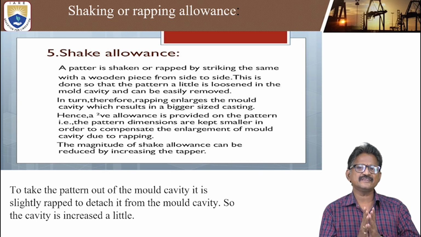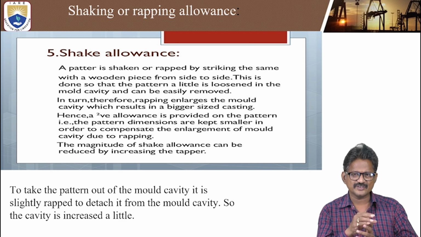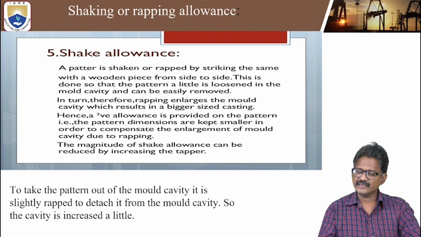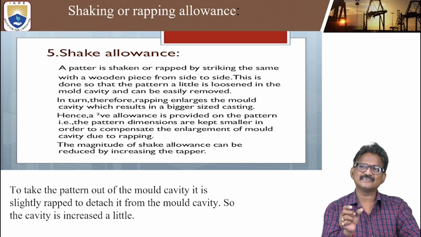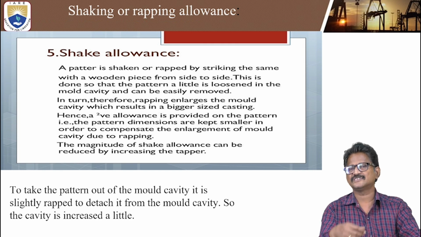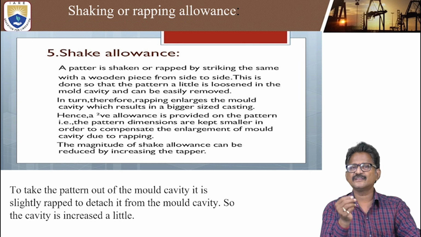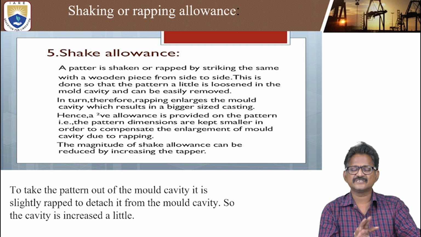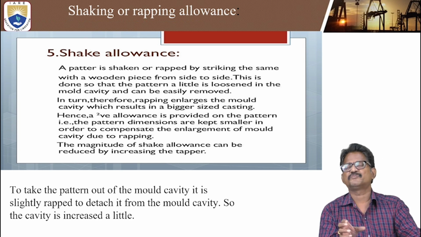The magnitude of the shake allowance can be reduced by increasing the taper. Like what you did in the draft allowance for easy removal of the pattern, here also a little bit of increased taper, so that even if you do shaking, the pattern and the final casting will not deviate.